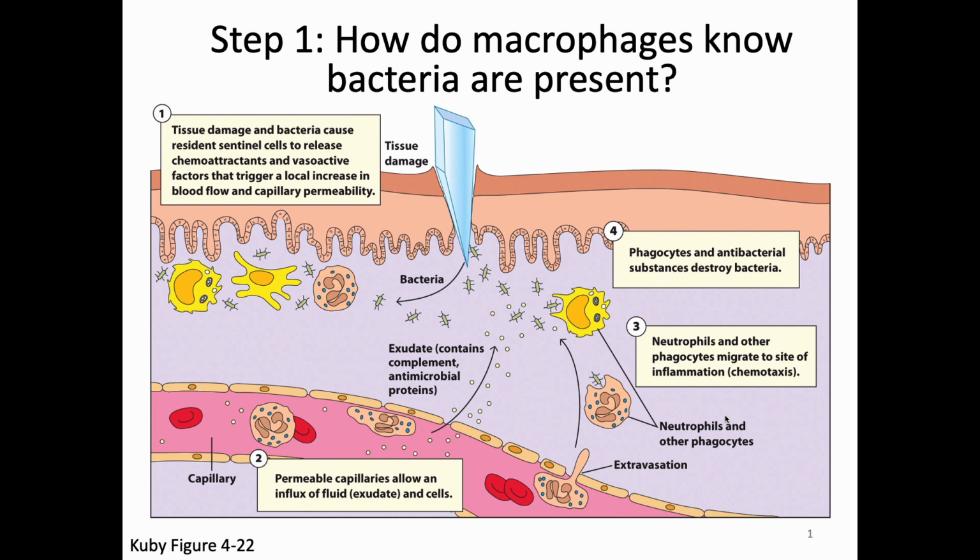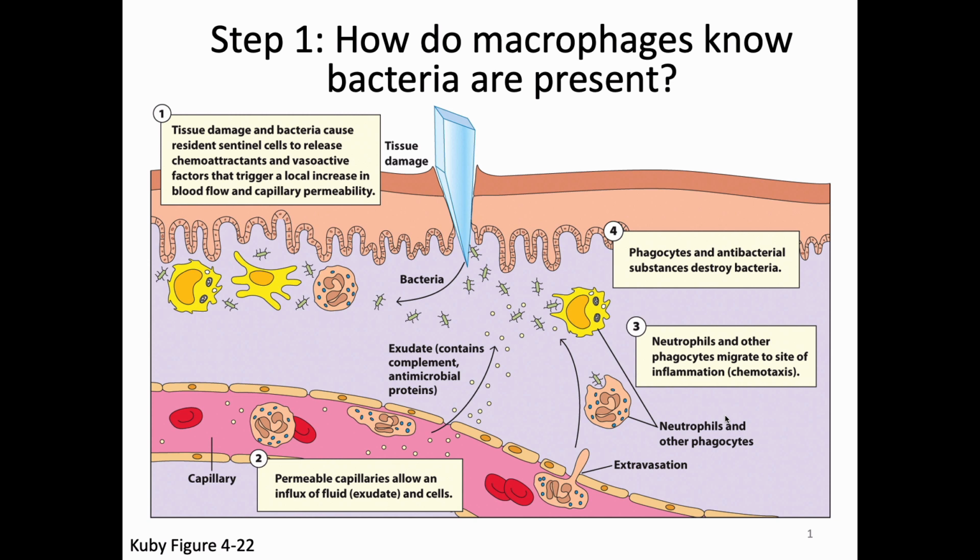So we have tissue damage, we have bacteria coming in and being recognized by some cells at that site. As we saw last time, those cells are monocytes and macrophages that exist at that site. And those monocytes and macrophages are eventually going to do something, as this slide says.